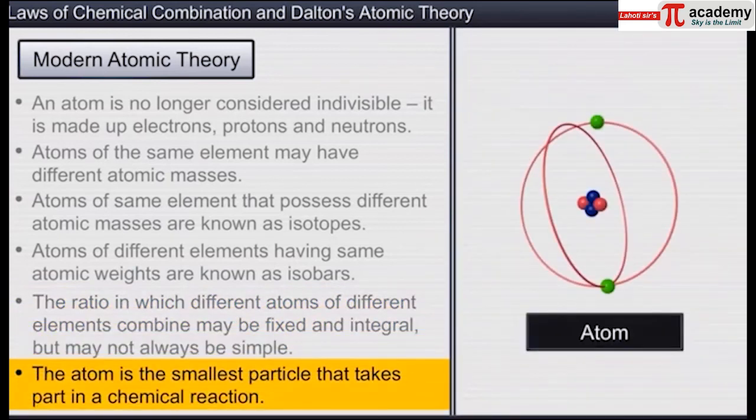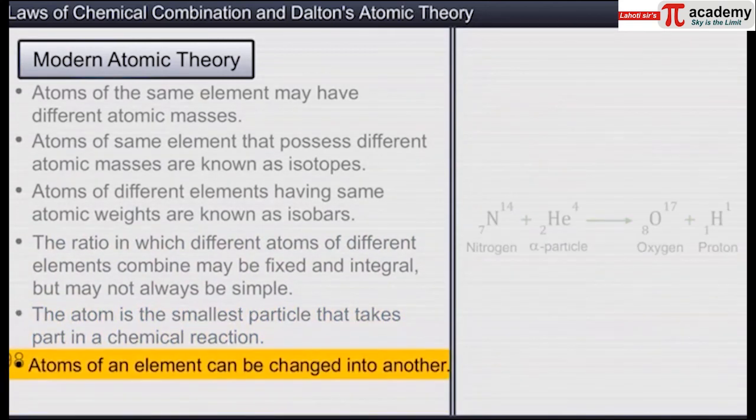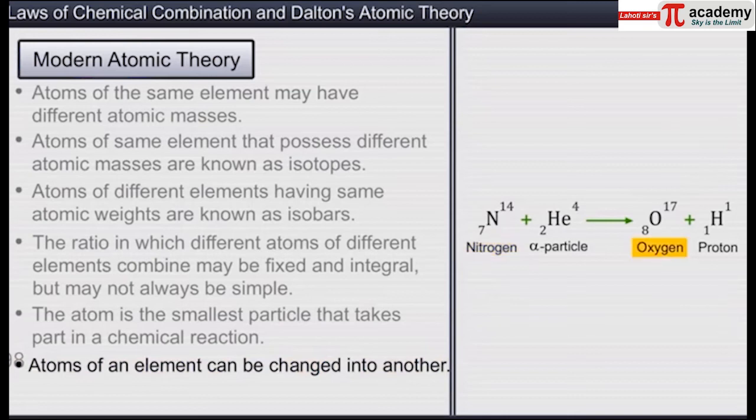The atom is the smallest particle that takes part in a chemical reaction. In nuclear reactions, atoms of an element can be changed into another. For example, atoms of nitrogen can be changed to oxygen through bombardment of alpha rays.